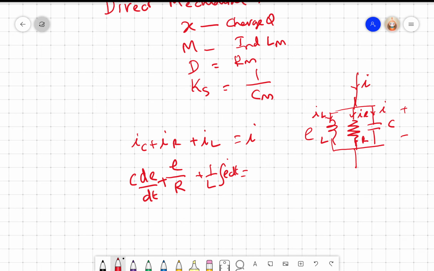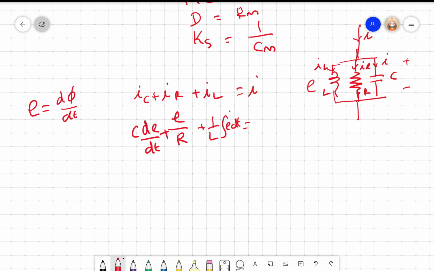Now I know, in terms of flux, I can generate an induced EMF E equal to d phi by dt, right? Of course, minus n d phi by dt. Let's not worry about the n and all that.